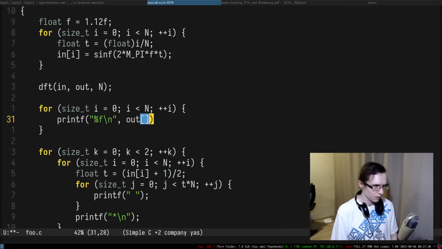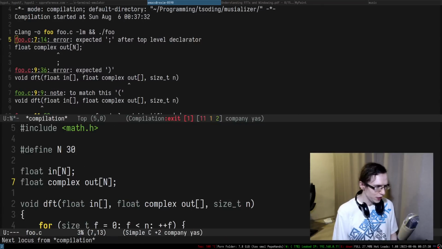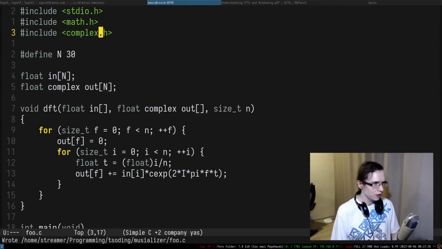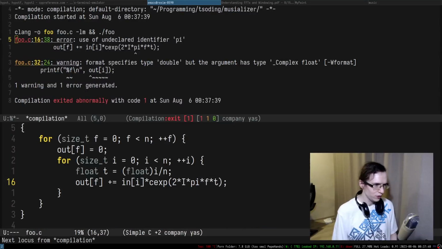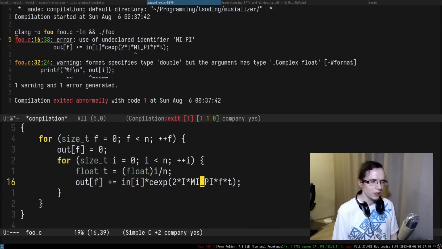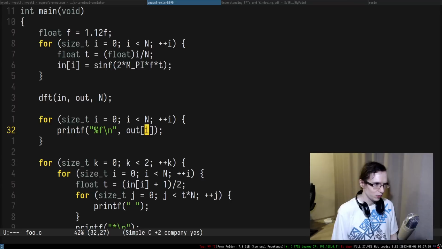Okay, it doesn't compile because we don't have complex numbers. Let's include complex numbers. This is just a pi. Let's multiply by m pi, not me pi, m pi. Okay, we have some stuff in here, and this is because I wanted to do cabsf.